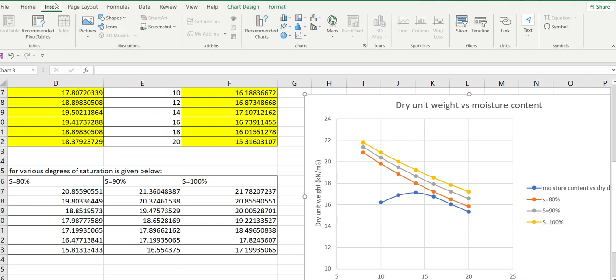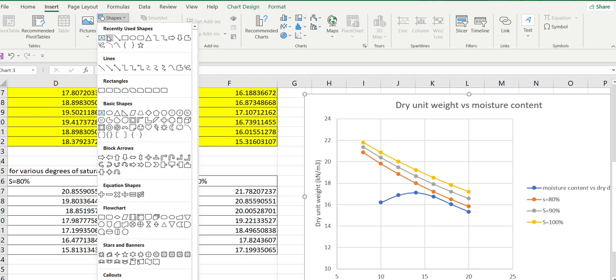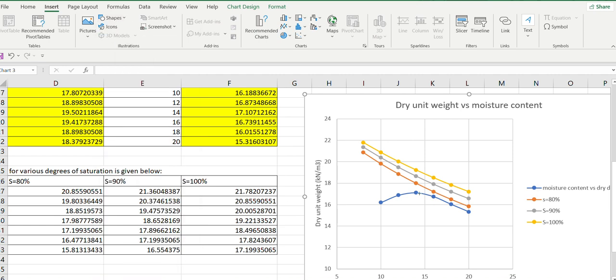So for this, let's go to Insert, Shapes, and a line. The highest point in this curve is this.